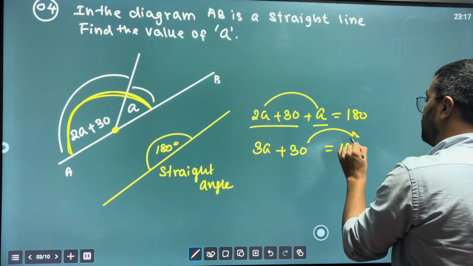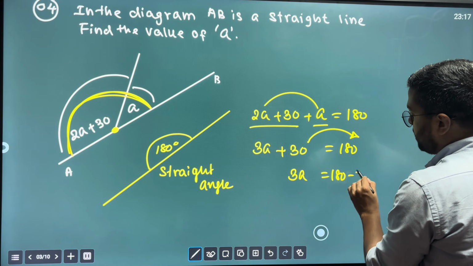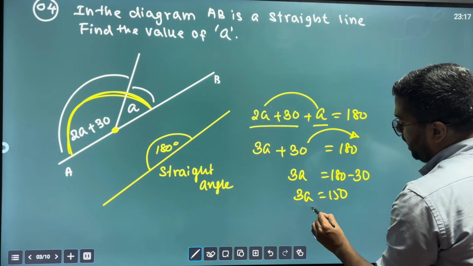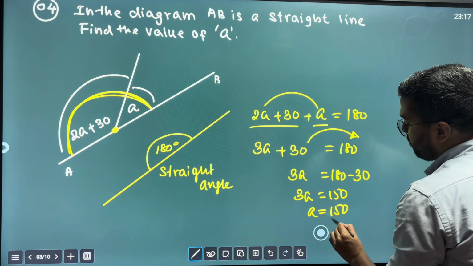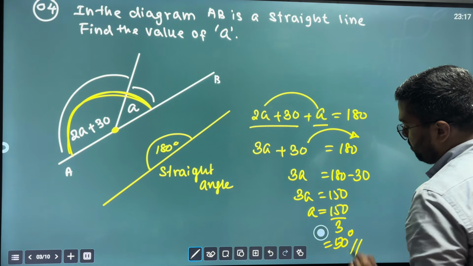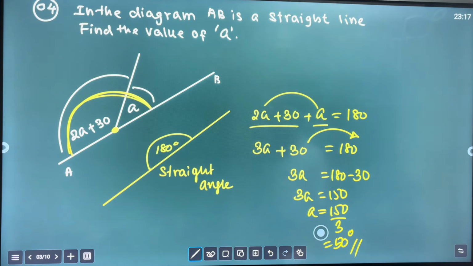Let's bring this 30 to the other side. 3 times a equals 180 minus 30. 3 times a equals 150. a equals 150 over 3. So the value of angle A is 50 degrees. The magnitude of A equals 50 degrees. Am I clear?